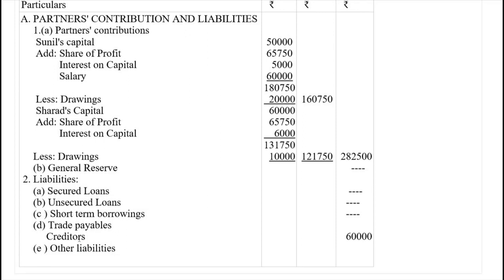Other liabilities, here we have got outstanding salaries. So directly we shall take it to the outer column here. This is only one here, that is 5,000.